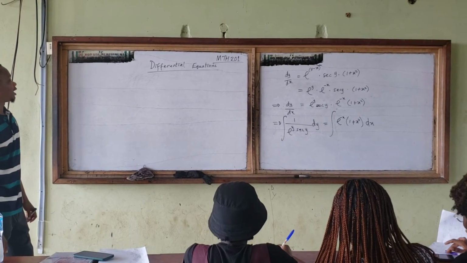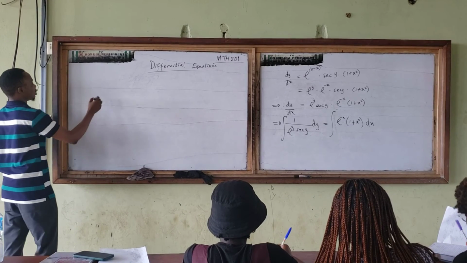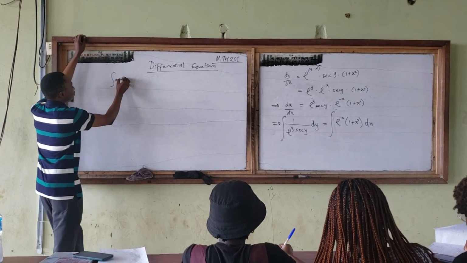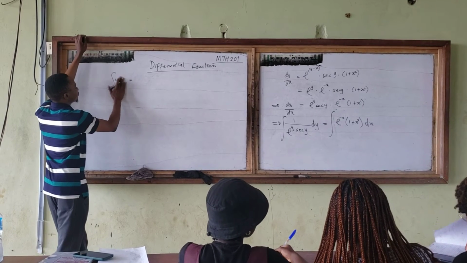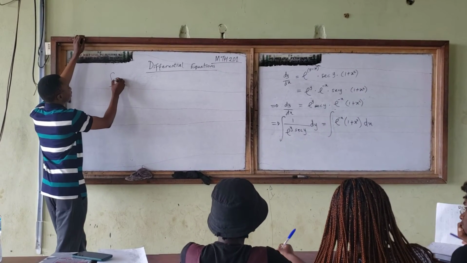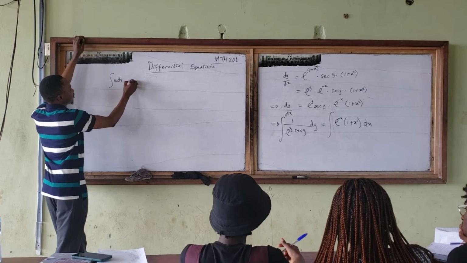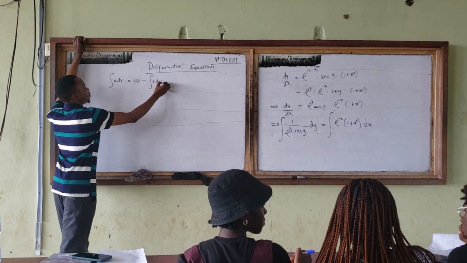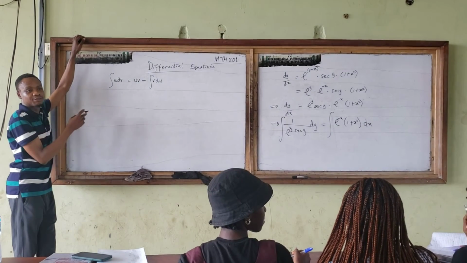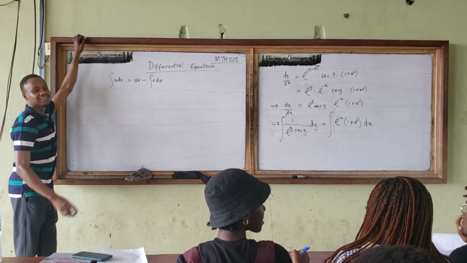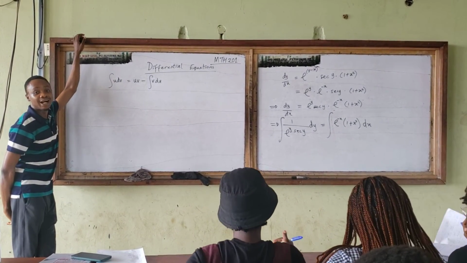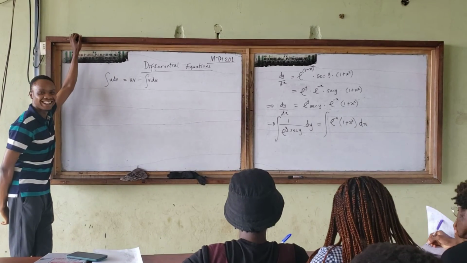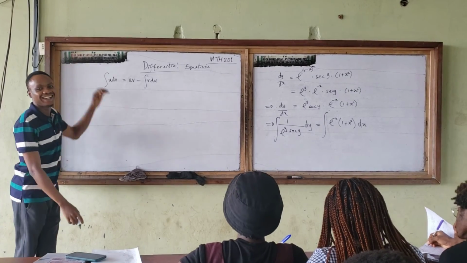So can you remember product to something like uv minus integral of u equal to minus integral of v. No, I got something like this before.